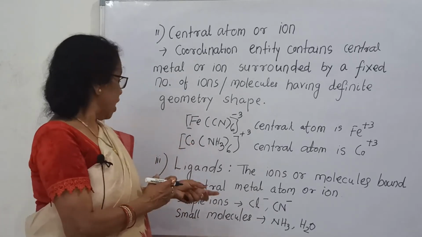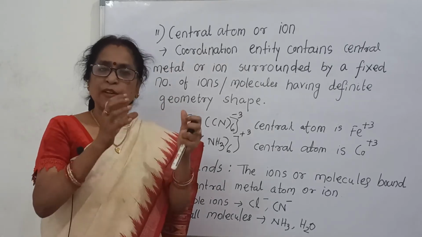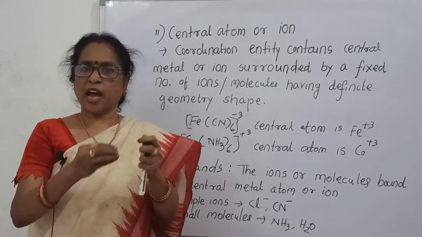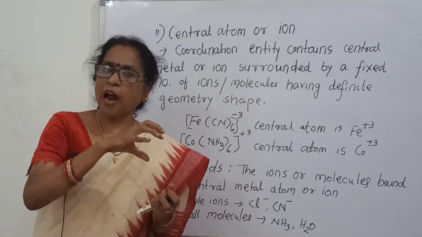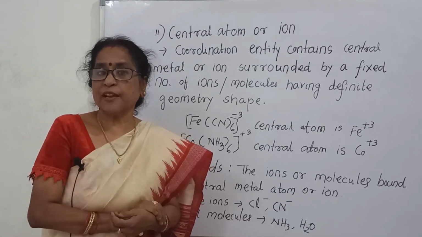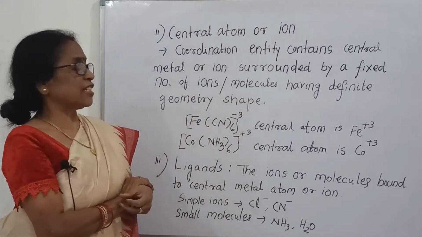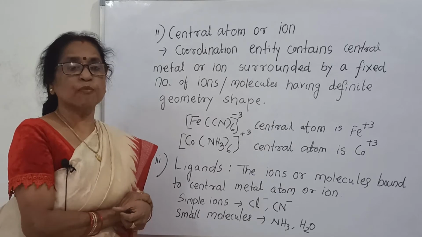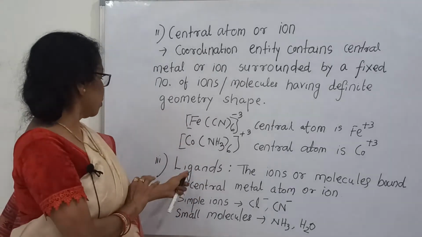coordination compound. Now you see again, the central atom means the metal atom or ion where the molecules or ions are attached in a fixed shape, that is a definite geometrical shape, and having a fixed number of ions and molecules. Then come to ligands.